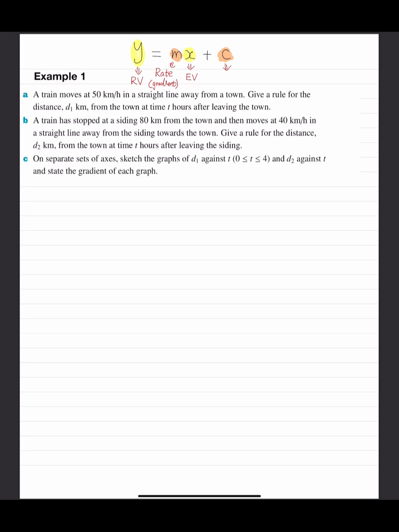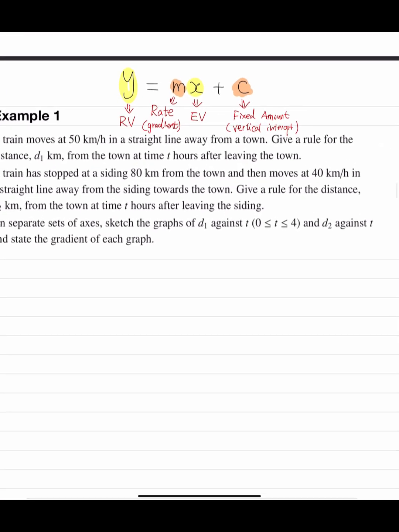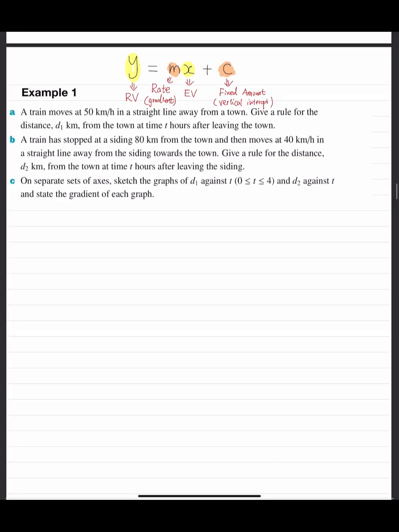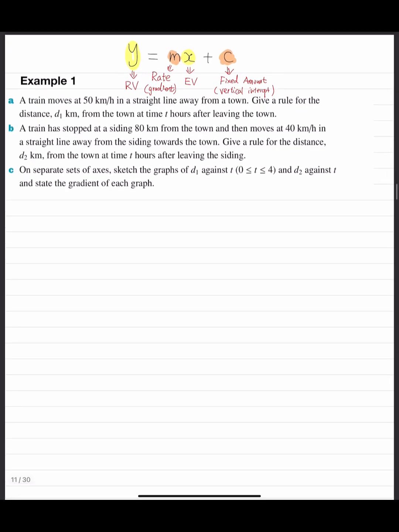This one is the fixed charge, fixed amount, which we always say is the vertical intercept. So bear in mind these four parameters that we have to identify first.